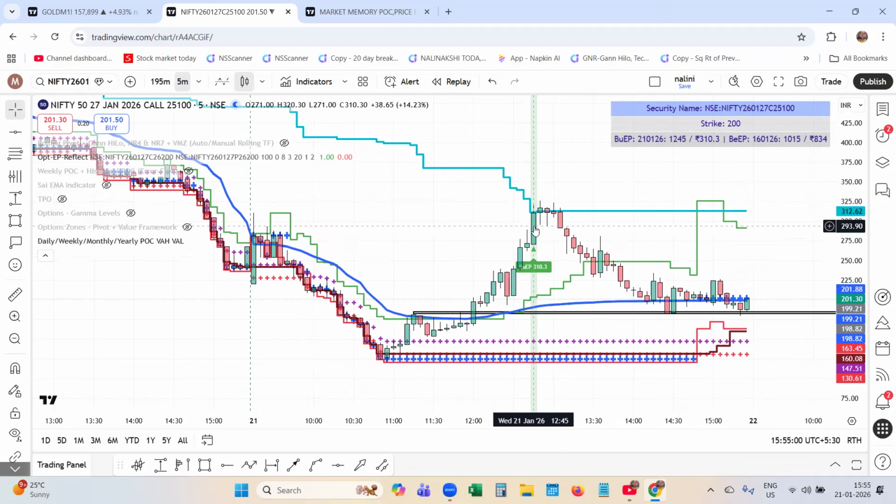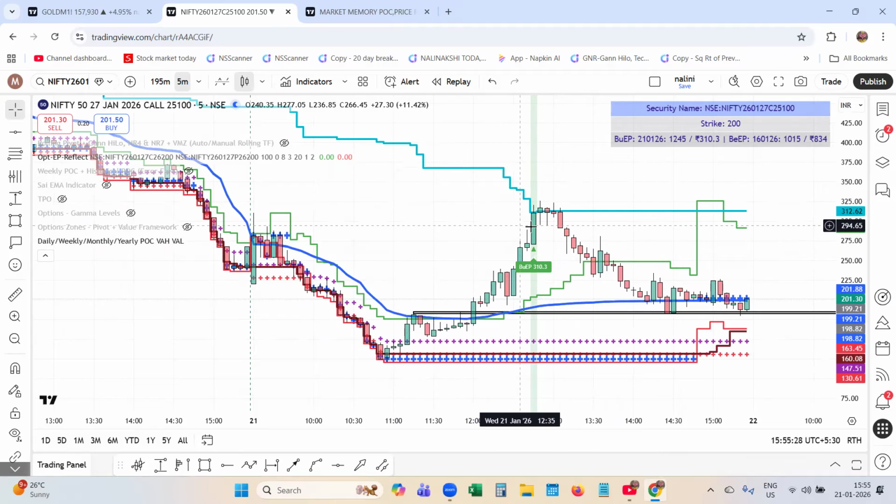And you can see EP triggered at the resistance, value area high of the option zone. Where it has been triggered, it is a caution, price is going to correct from there. You could have looked for put option.